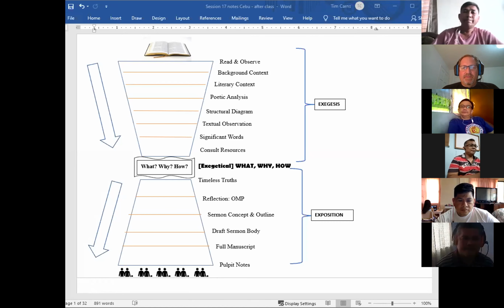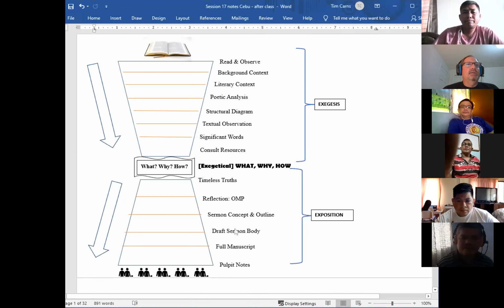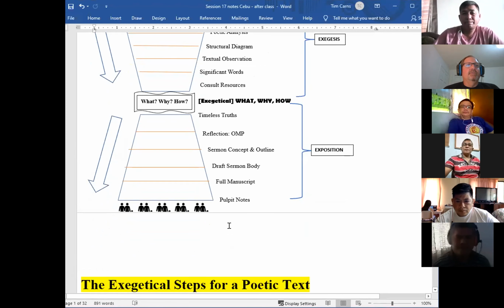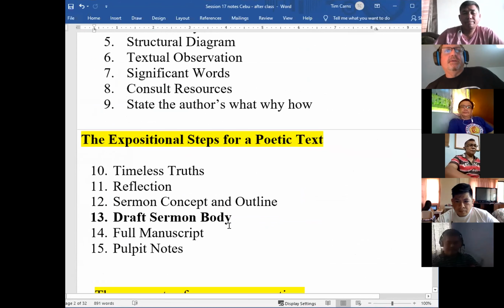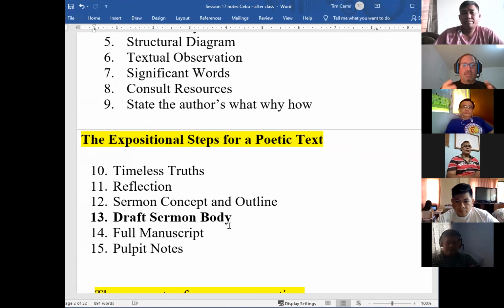All right. Well, let's get started. We are presently almost in the final steps here, the expositional steps now. We've been talking the last couple of weeks about the sermon itself.